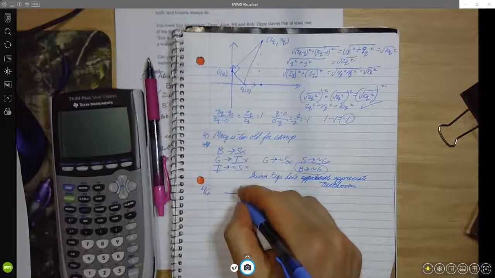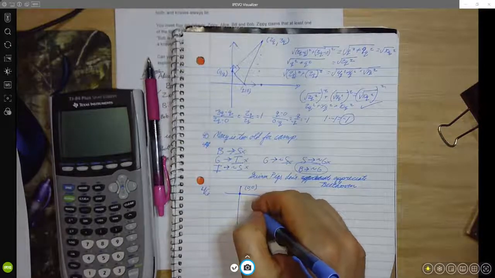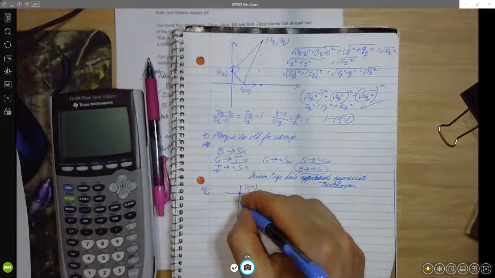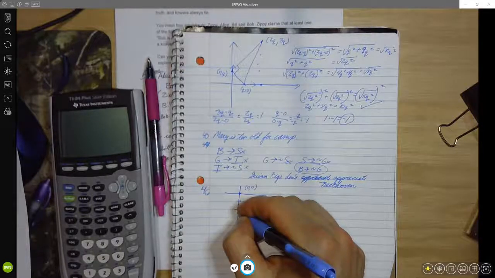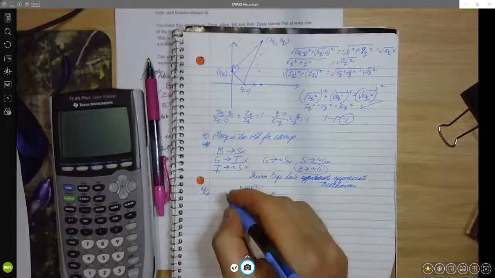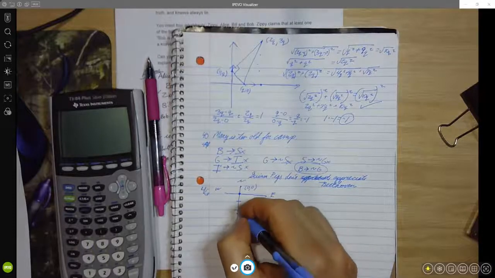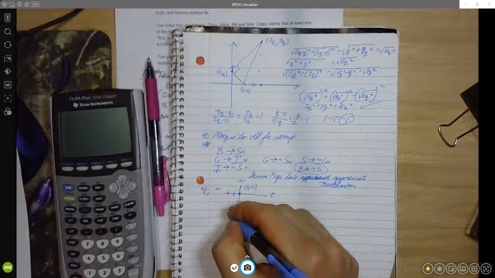So if your lighthouse is here at 0, 0, 2.3 kilometers south, so let's say 2.3, and 1.4 kilometers west. So we'll say this is east, this is west, north, south. So 2.3 and then 1.4. Just kind of eyeballing here.